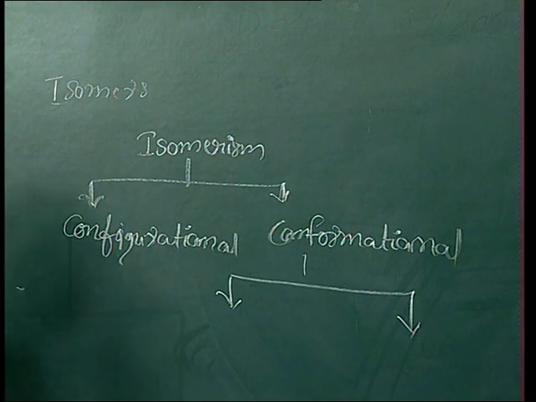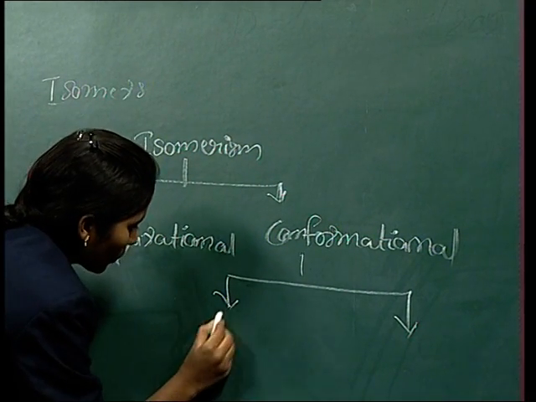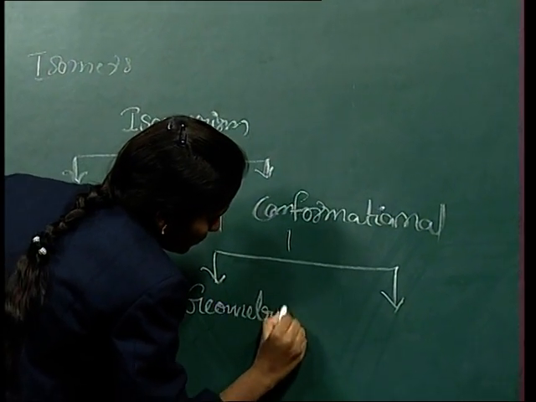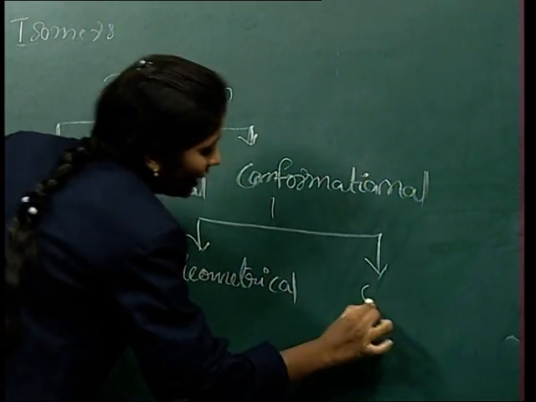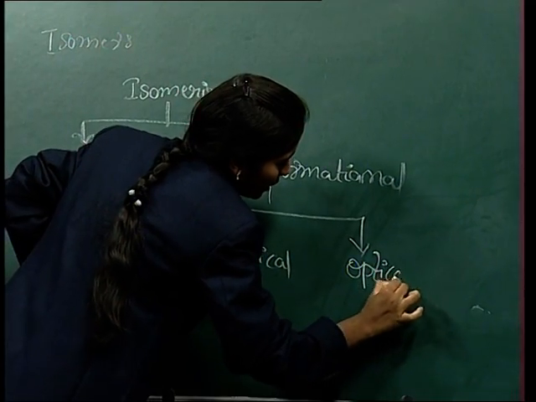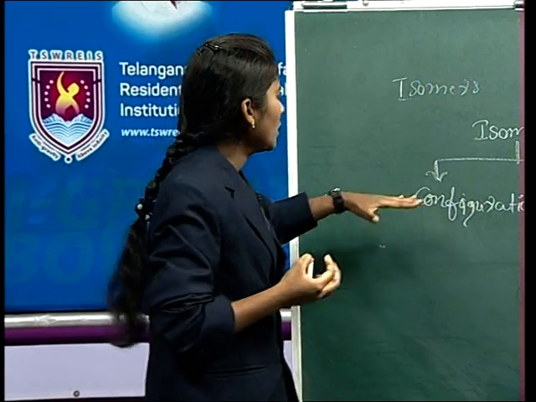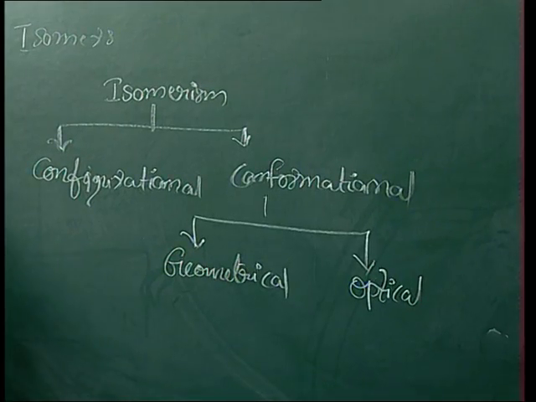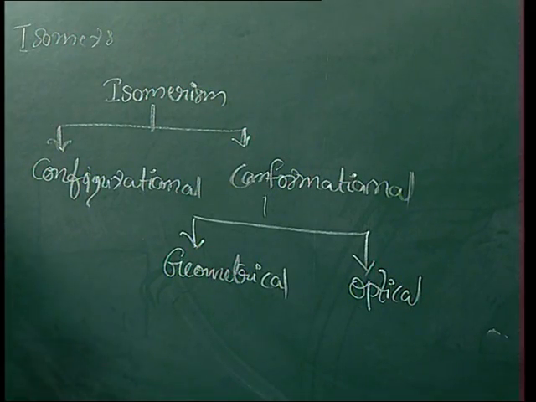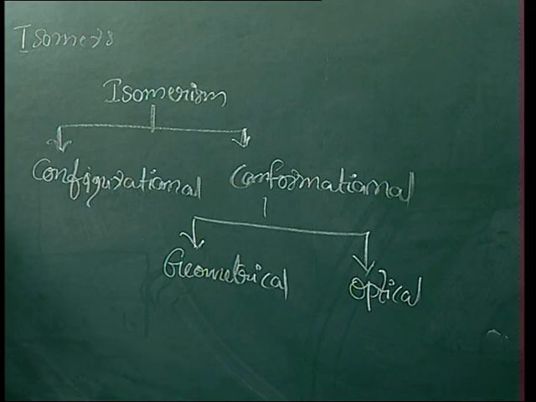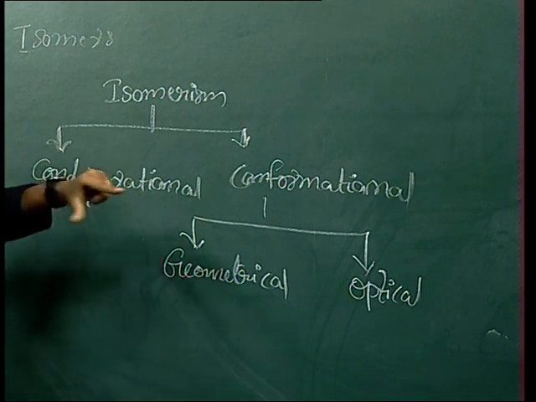What are they friends? Geometrical isomerism and optical isomerism. Am I right friends? Isomerism is commonly that compounds have the same molecular formula but are structurally different in some way. And here the compounds that have the same connectivity are configurational and conformational.